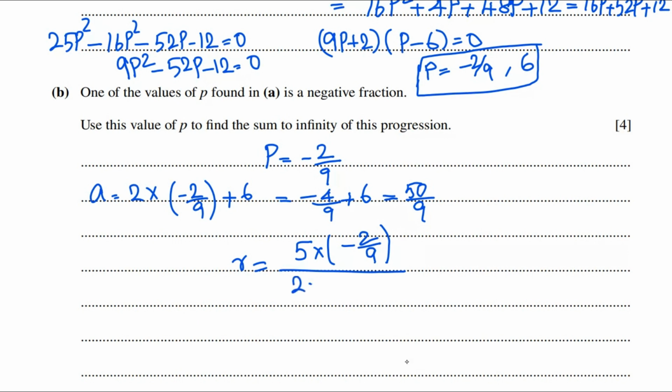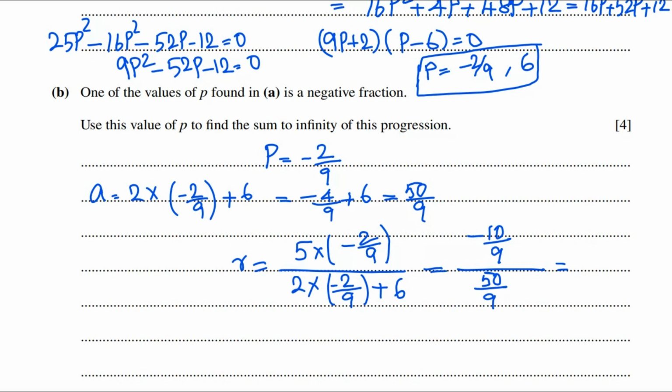2 multiplied by negative 2 divided by 9 plus 6. And we simplified the denominator already, which gave 50 divided by 9, and the numerator negative 10 over 9.